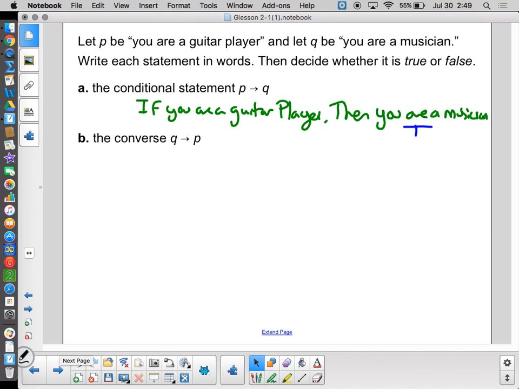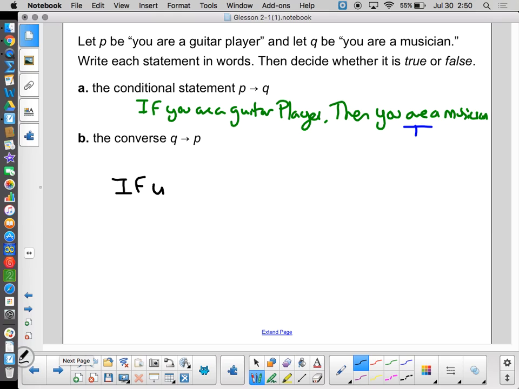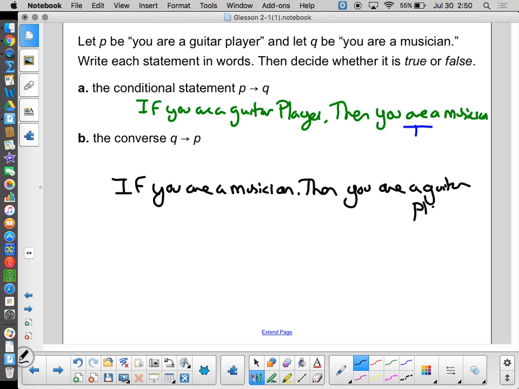The converse would switch the hypothesis and conclusion. So we'd still start with if, but we'd switch: if you are a musician, then you are a guitar player. Sorry, I ran out of space.